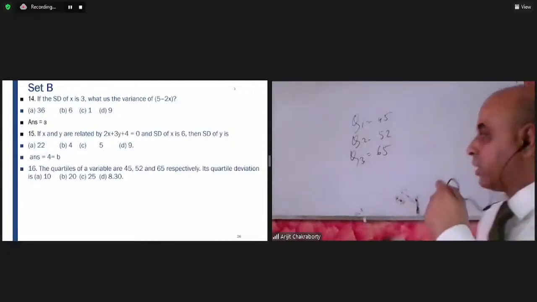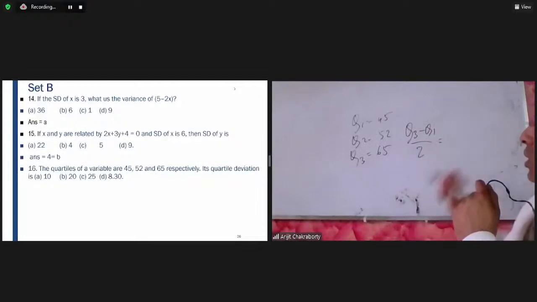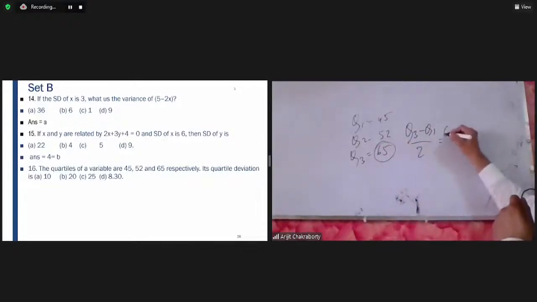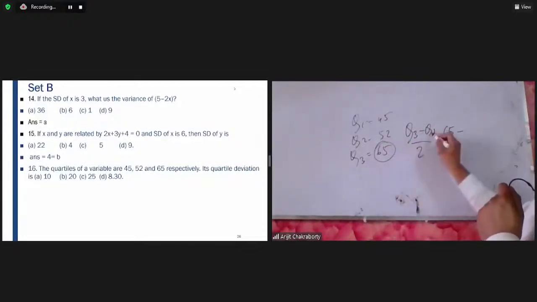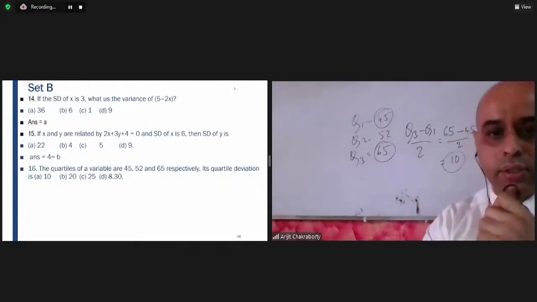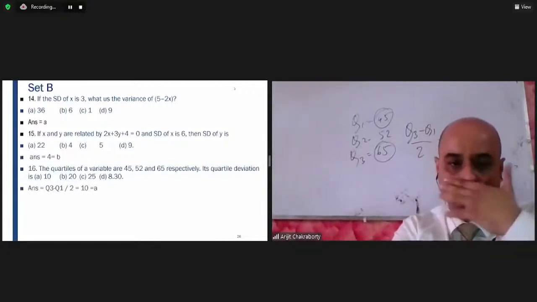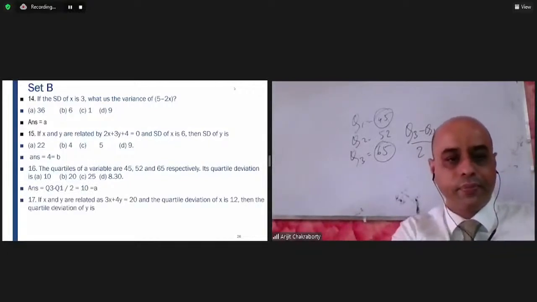Quartile deviation is Q3 minus Q1 by 2. So Q3 is 65 minus Q1, which is 45, by 2. So it is 20 by 2, that is 10. Answer should be 10. Let me check the answer here. Yes, option A is the right answer, 10.